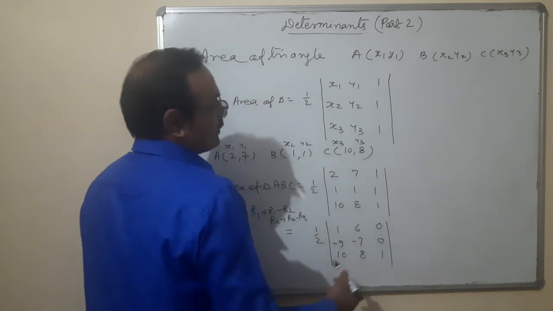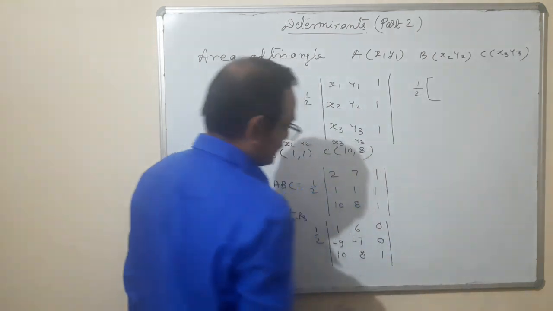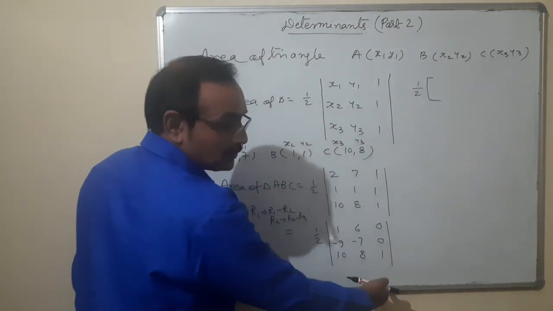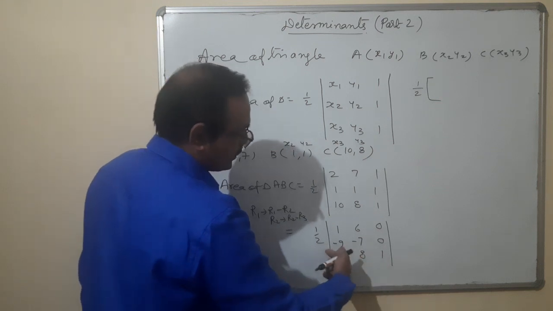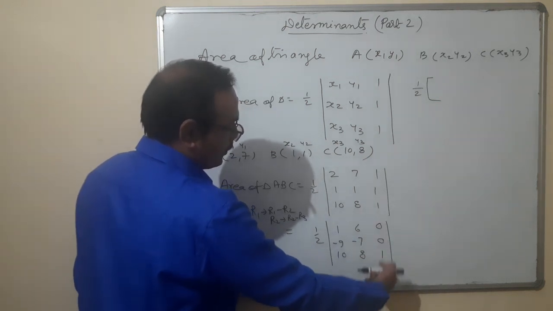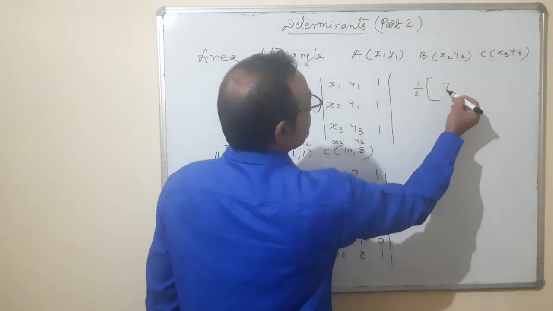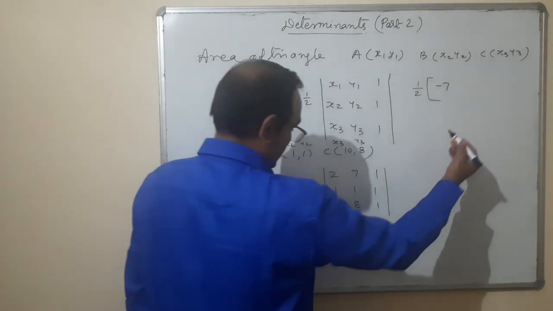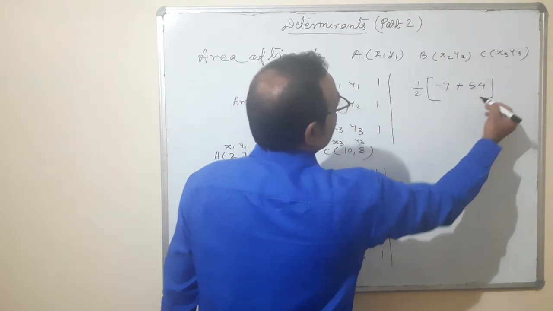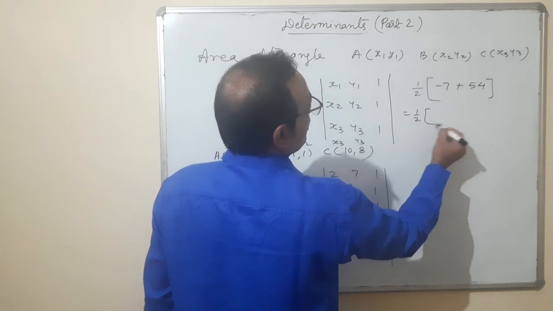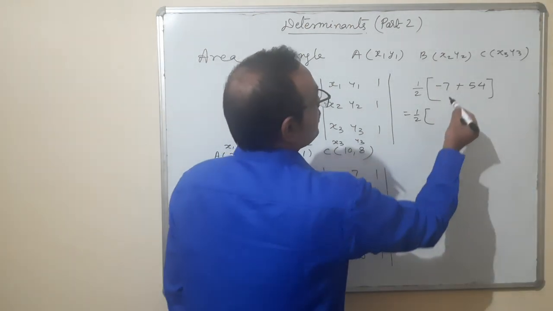Okay. Now we can expand it. Two zeros are here in this column, so taking only the 1, this is position 3 cross 3, which means the sign is positive. Leaving this row and column, it is coming minus 7 minus (minus 9 times 6), which is plus 54. So 1 upon 2 times, 54 minus 7, which is 47.